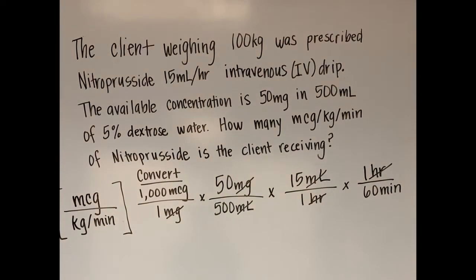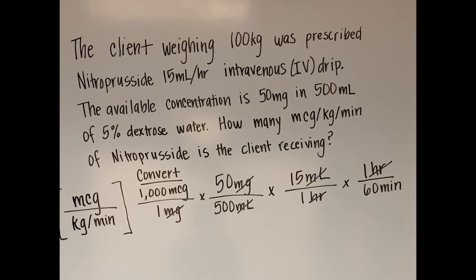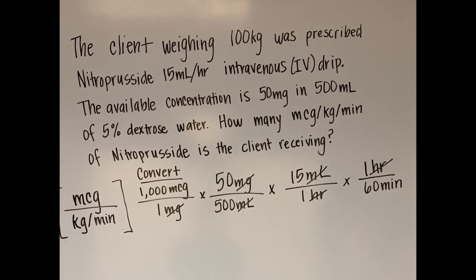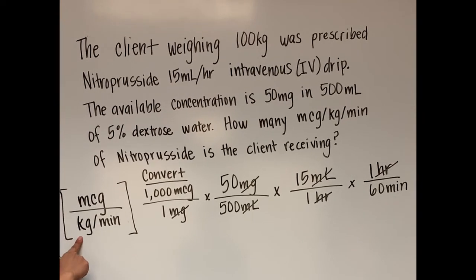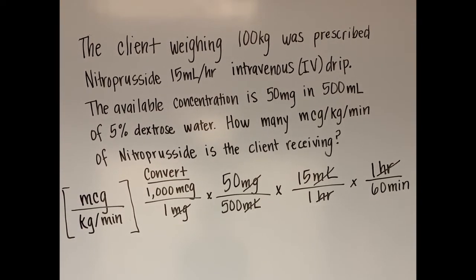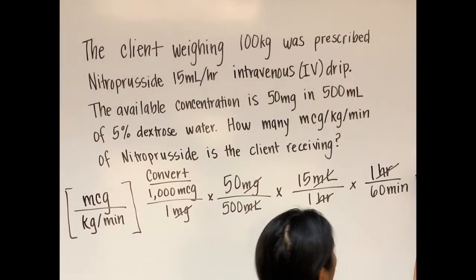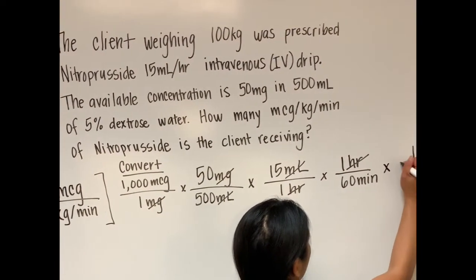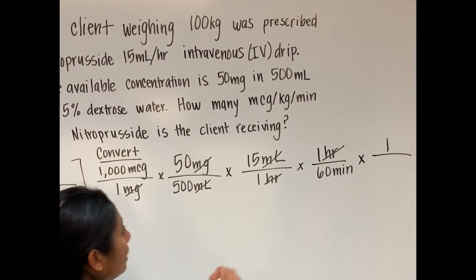And then here's the other thing that's pretty difficult for other students to understand: you have a patient weight that is 100 kilograms, right? We know that it's a denominator that needs to be on the bottom. So one thing that I tell students is that 1 always acts as your placeholder. So you have 1 over 100 kilograms.